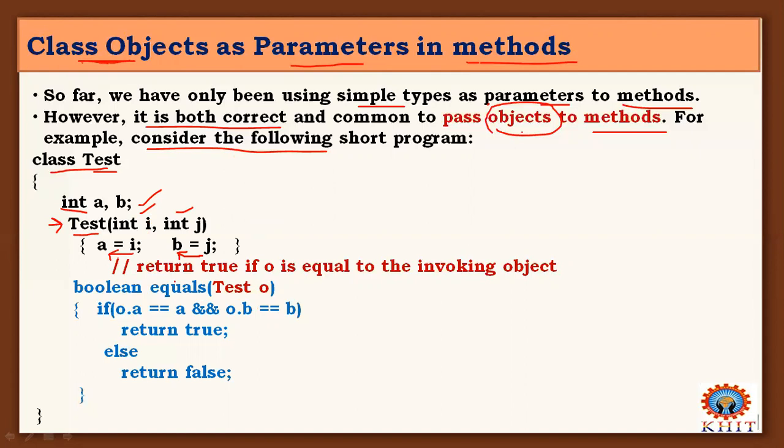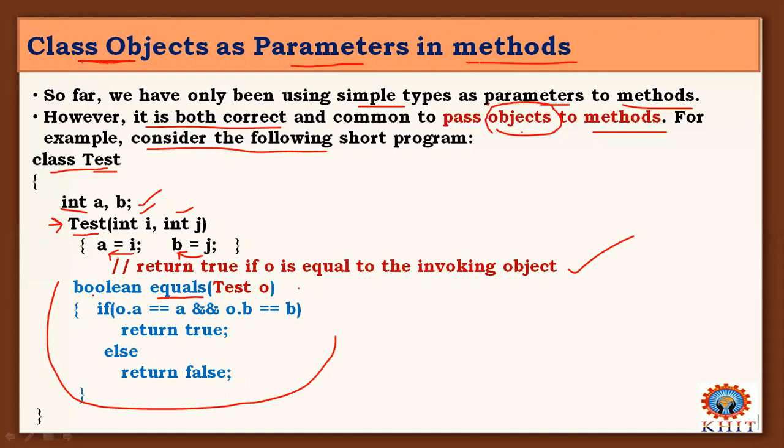Next one, return true if the object is equal to the invoking object. This is what we are going to do with the method called equals. The method takes an object of the Test class as a parameter, checks its values against the instance variables of the class, and gives a boolean return value.